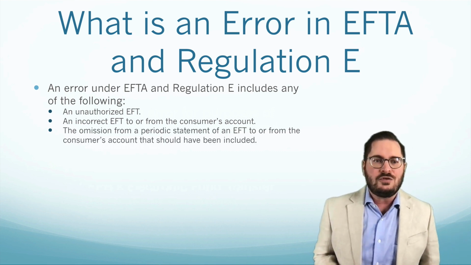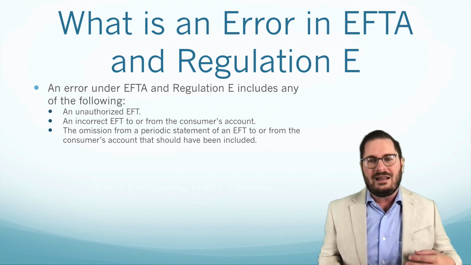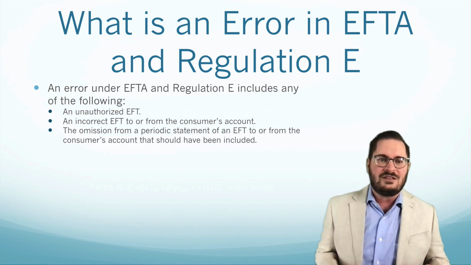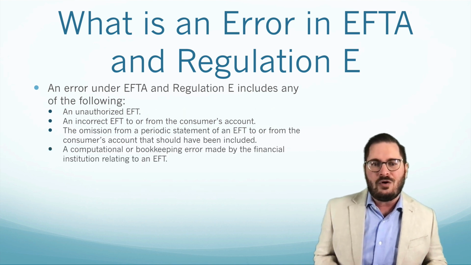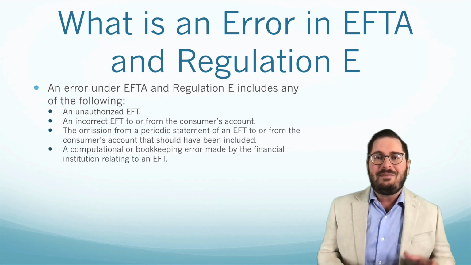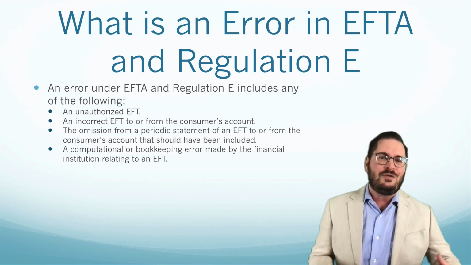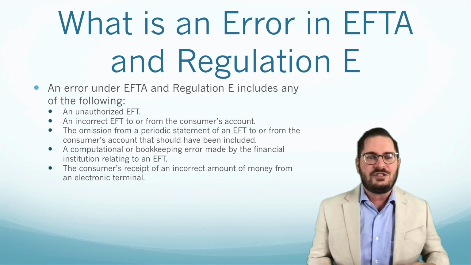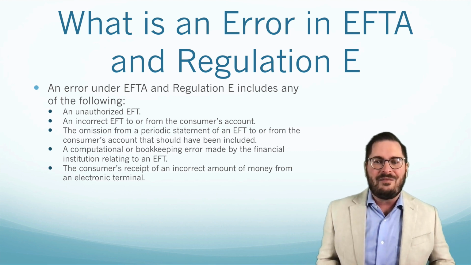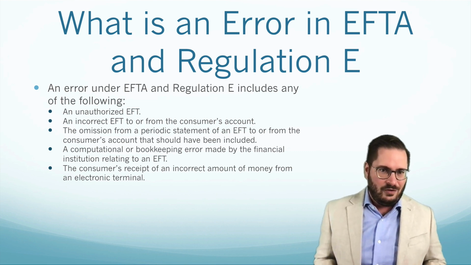It also includes the omission from a periodic statement of an EFT to or from the consumer's account that should have been included. It also includes a computational or bookkeeping error made by the financial institution relating to an electronic funds transfer. It also includes the consumer's receipt of an incorrect amount of money from an electronic terminal.